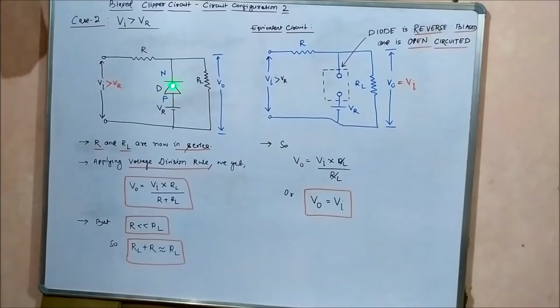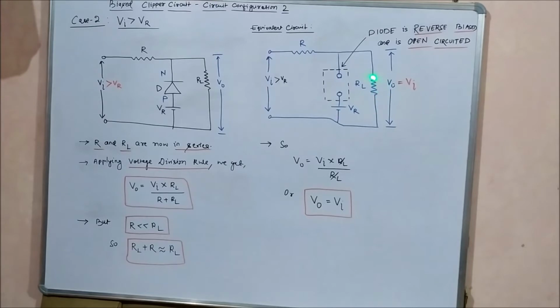As a result of forward bias, it was a short circuit, and because of the short circuit, the output voltage was equal to the reference voltage. So it was a constant value in the first case, where Vi was lesser than Vr. In case 2, when Vi is greater than Vr, the diode is reverse biased. Because of that, it is open circuited, and these two resistances are now in series.